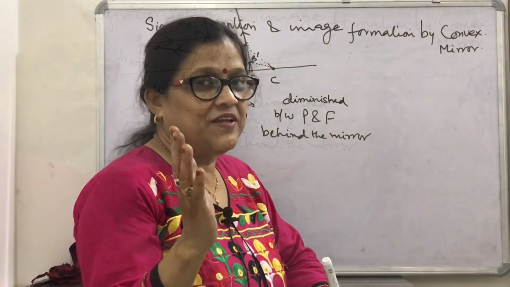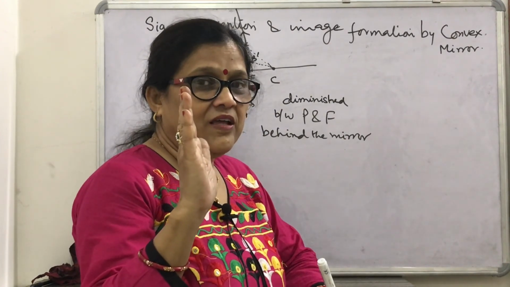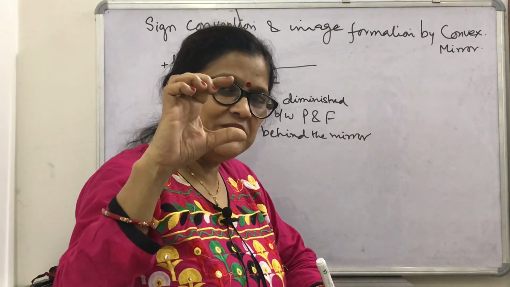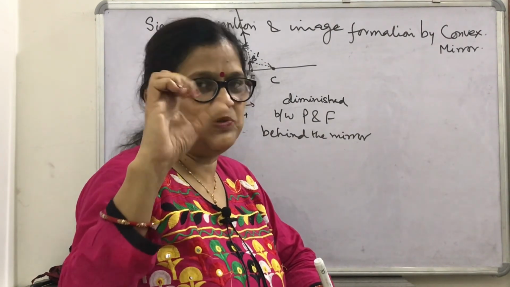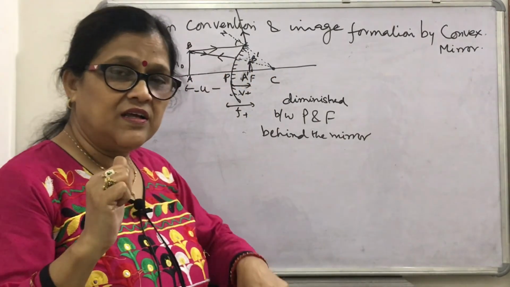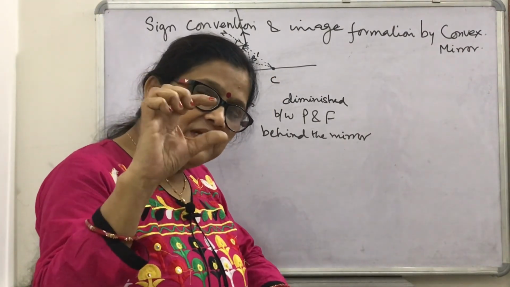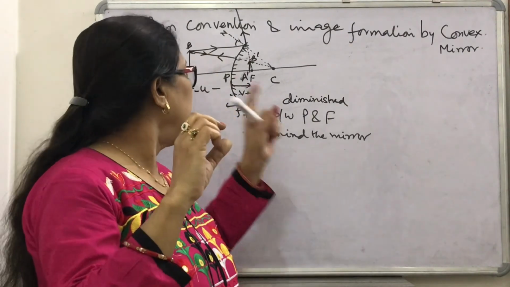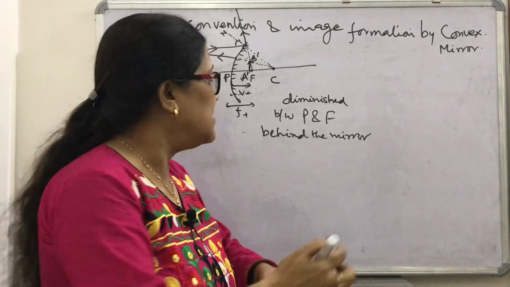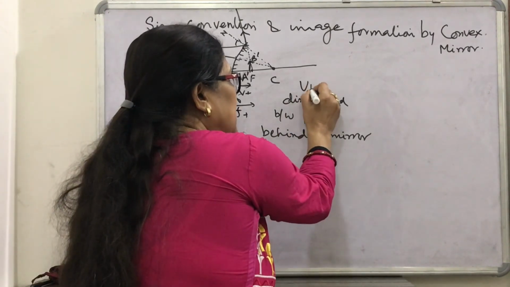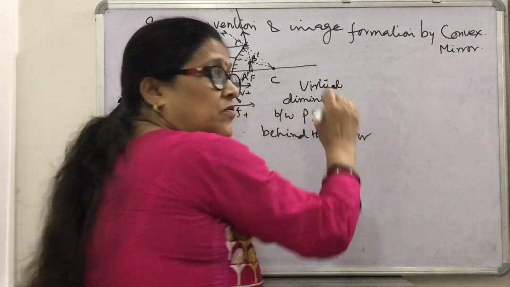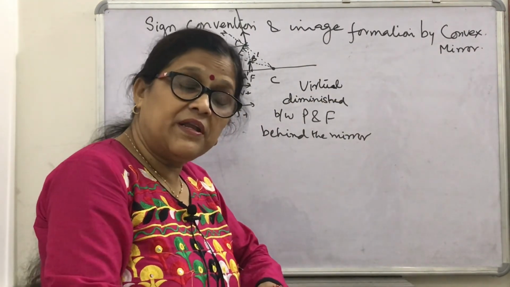Now we have seen that from a plane mirror, the image is always of the same size as that of the object and virtual. From a convex mirror, it is always diminished, that is smaller than the size of the object, and again virtual. This image is virtual, diminished. What about the concave mirror?